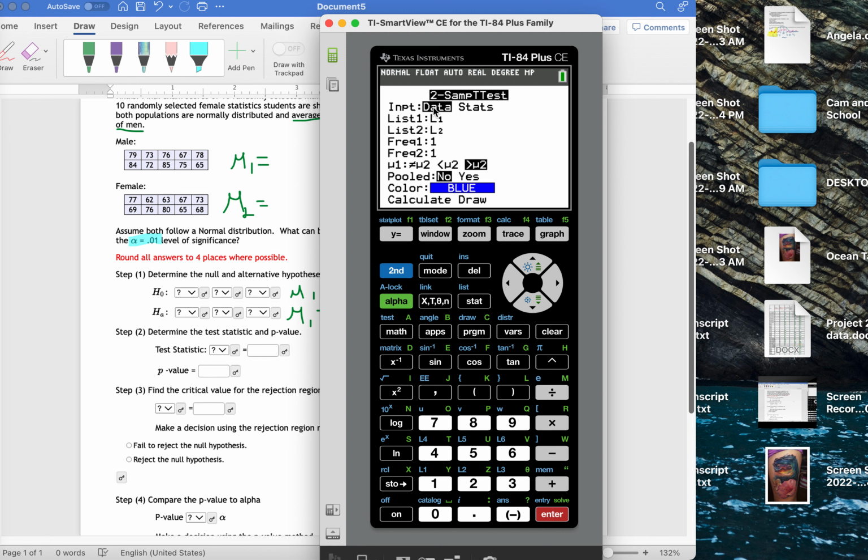So I'm going to arrow over to data, and I'm going to tell it that the first group is from list 1 and my second group is coming from list 2. Then I want to make sure that I choose the right-tailed test, so I want to choose the test where it says greater than the second mean. Then I'm going to come down and hit the calculate button, and it's going to give me all my information.